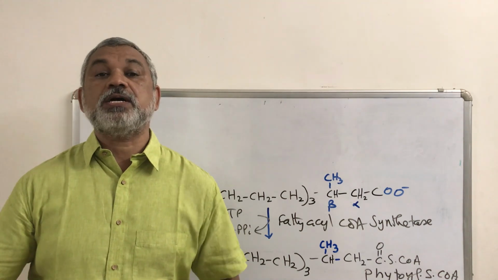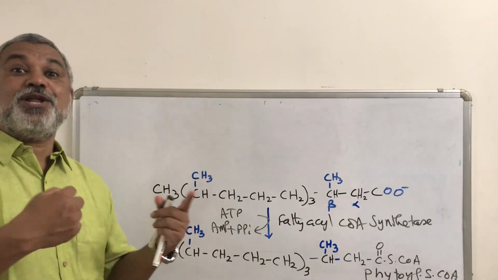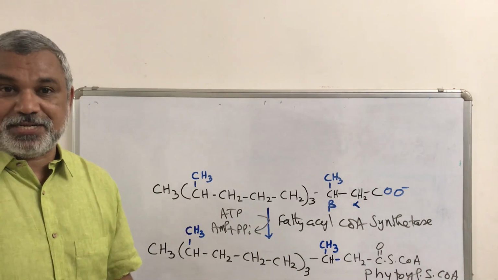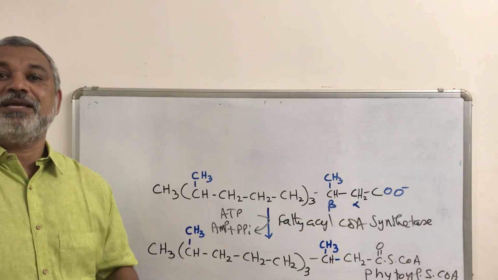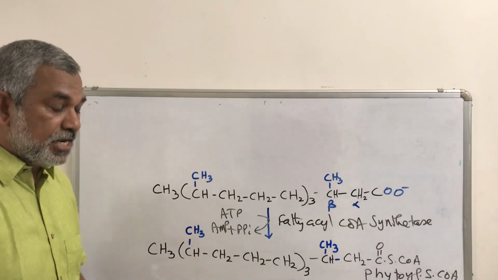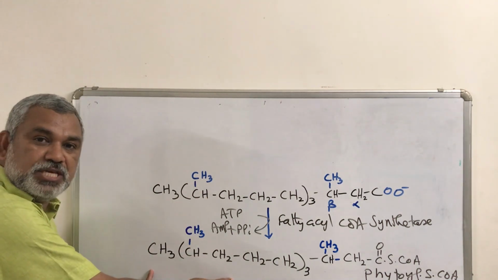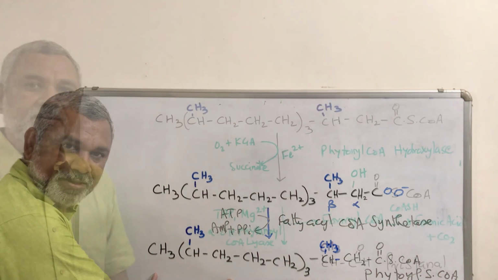This reaction will occur in the cytoplasm. Once this reaction occurs, this molecule will be translocated using a transporter to peroxisomes. In the rest of the reactions, we are going to see what happens to this phytanoyl S-CoA in the peroxisome.